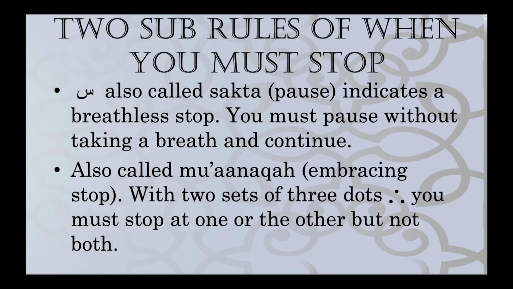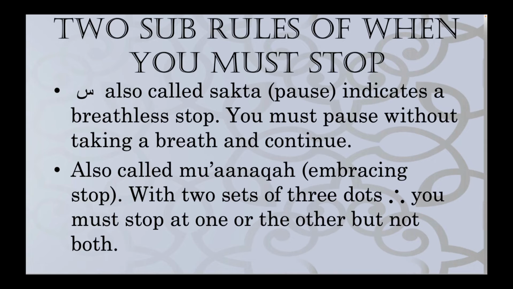And also the next one, which is the embracing stop, is when you see 2 sets of 3 dots somewhere in the font. And there's a very famous example. This one is at the very beginning of Surah Al-Baqarah. And that's the example I'll give you in just a second. When you see 2 sets of 3 dots, you must stop at one of those points, but not at both, right?